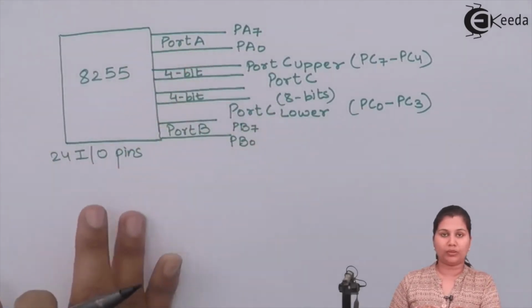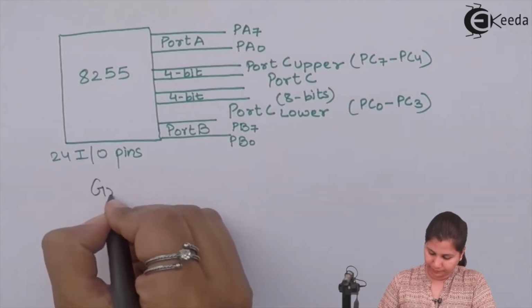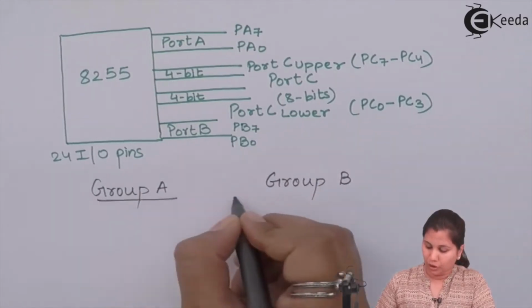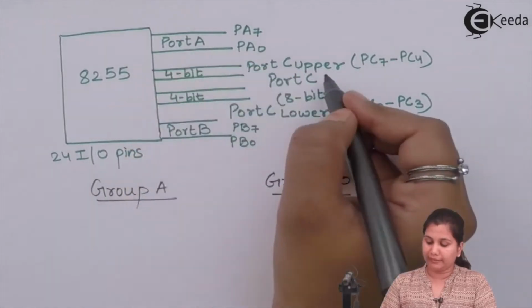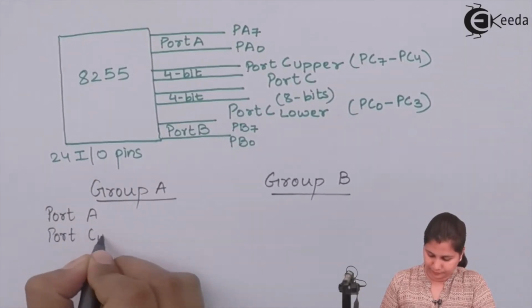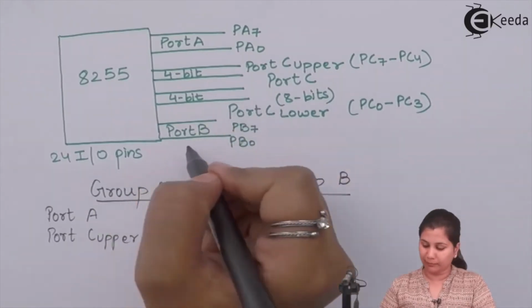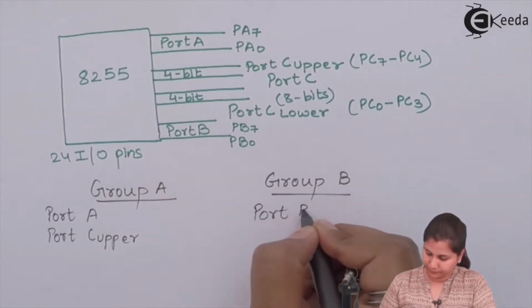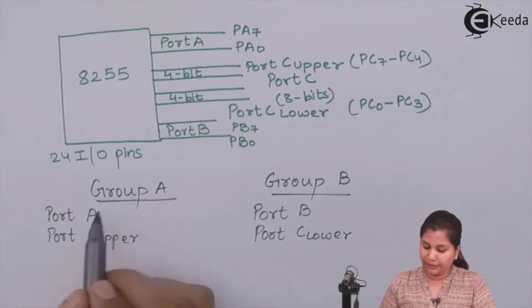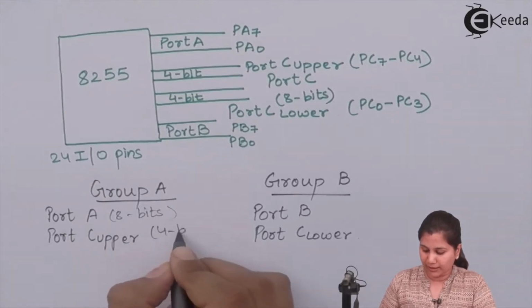Now these three ports are divided into two groups, group A and group B. Group A consists of port A and port C upper, while group B includes port C lower and port B. So group A has 8 bits of port A and 4 bits of port C upper.